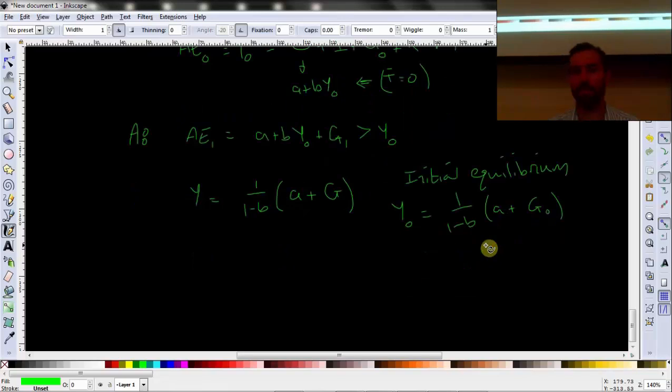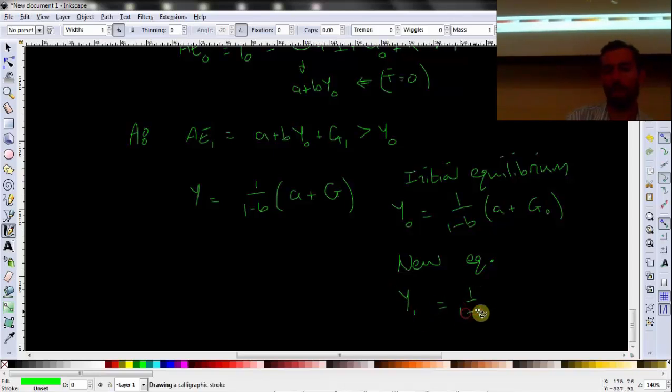Our new equilibrium will be Y1 equal to 1 over 1 minus b times A plus G1.